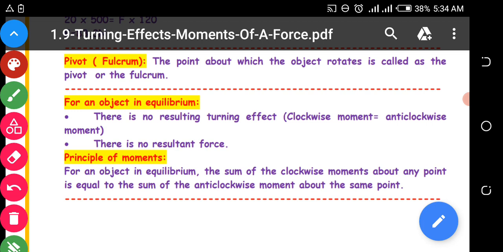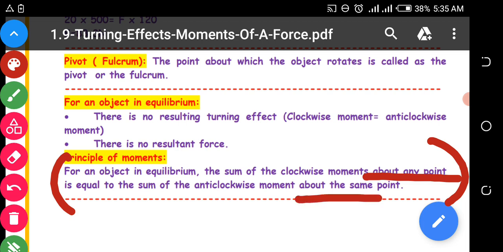Then the other theory that we need to know is the principle of moments. The principle of moments states that for an object in equilibrium, the sum of the clockwise moments about any point is equal to the sum of the anticlockwise moments about the same point.